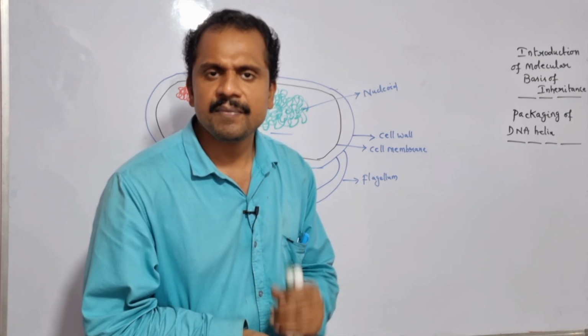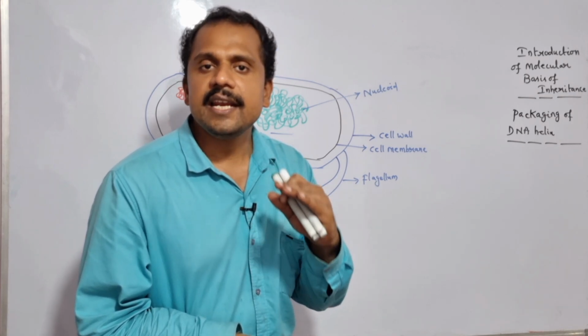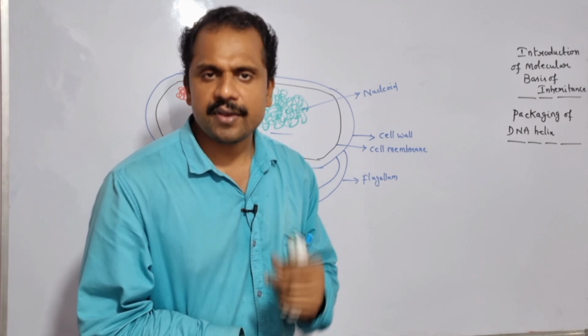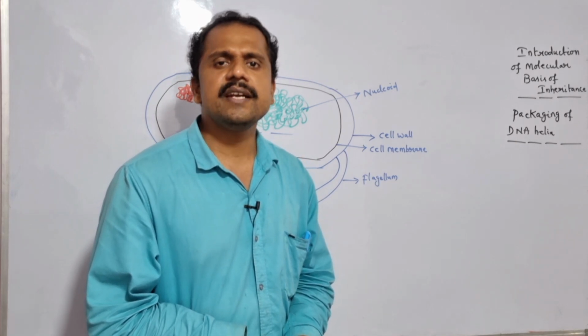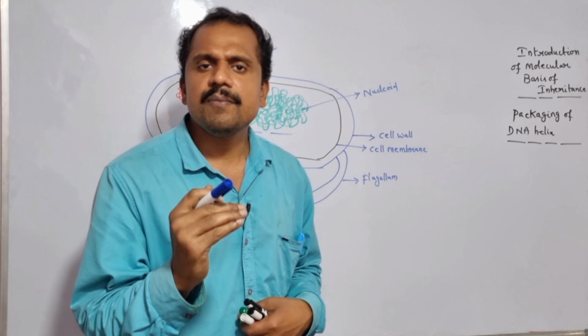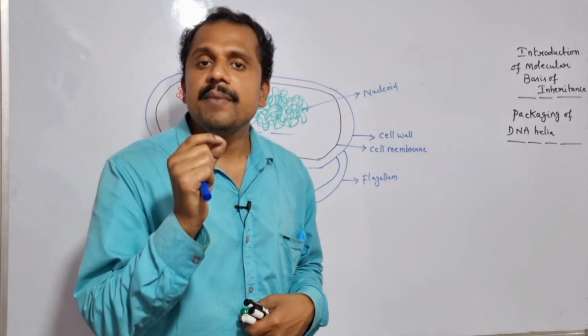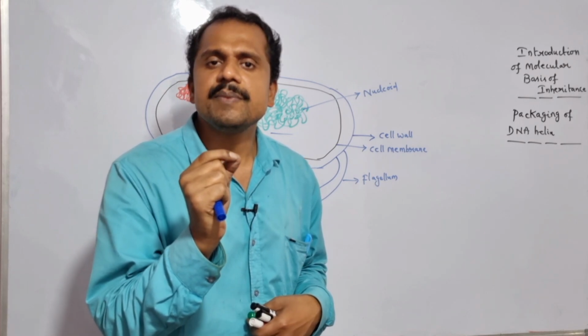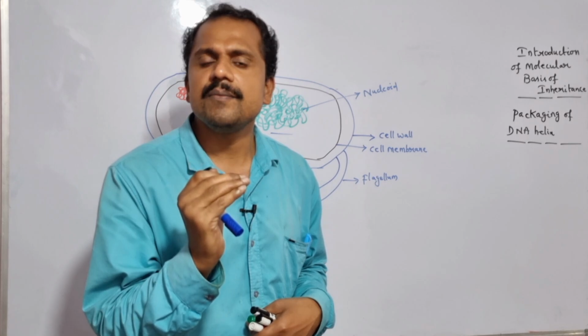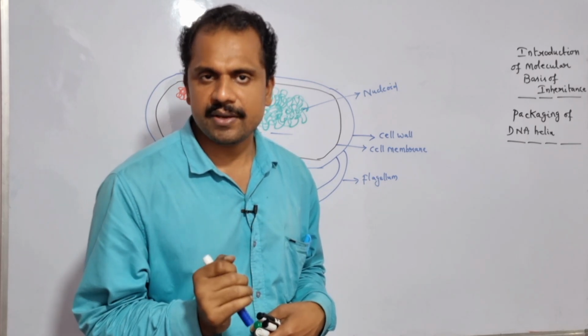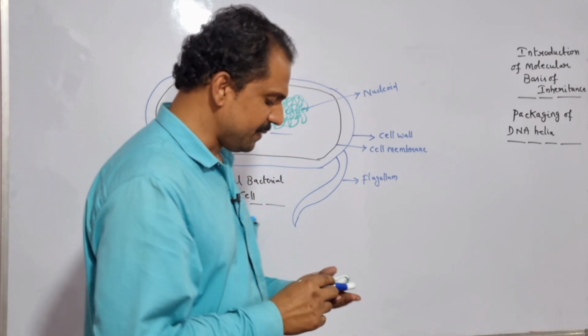So the DNA remains in the cytoplasm of the prokaryotic cell. The DNA which remains in the cytoplasm may remain in association with one specific protein complex which is composed of positively charged amino acids. Is it clear? So let me write it here.